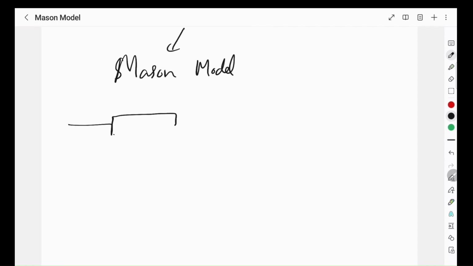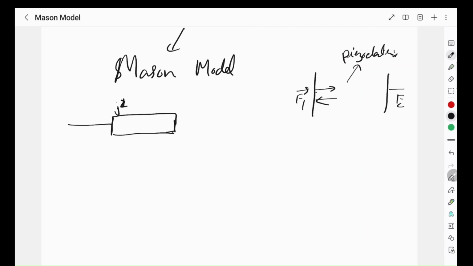So I'll have the resistor here, which is J Z. I had shown the force F1 here and F2 here, and the wave in between, incident and reflected. If this material was piezoelectric, then how my Mason model will look is what I'm showing you.